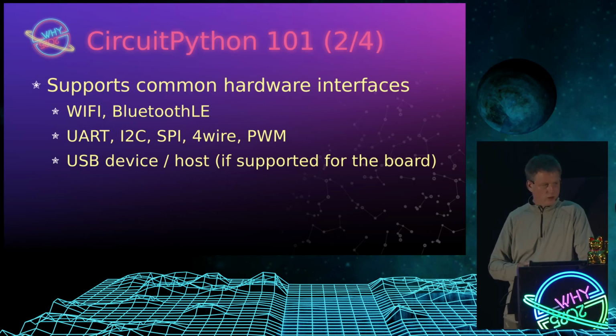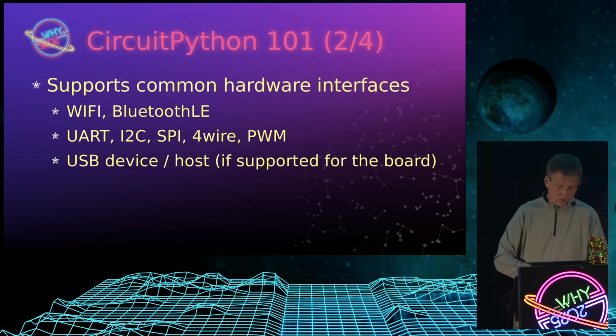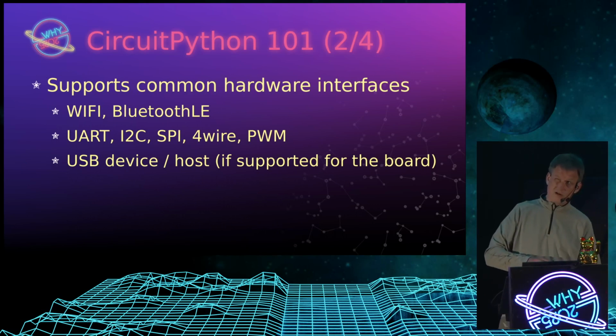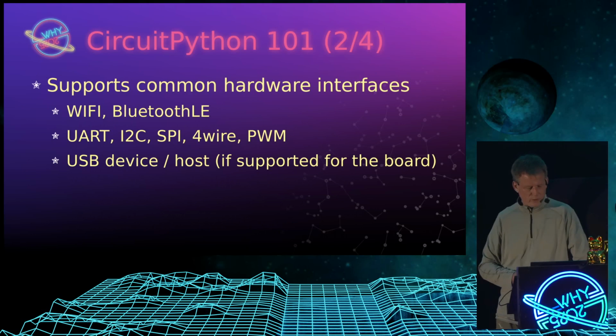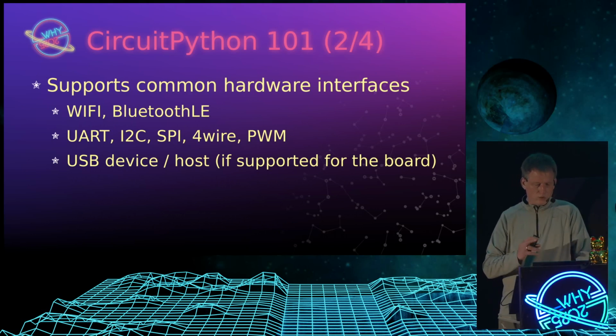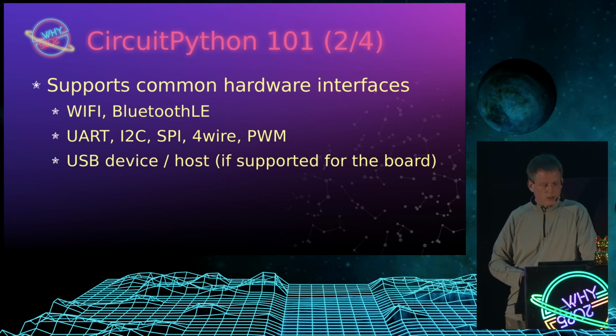So the UART is essentially a serial port. You have I2C, which is a serial bus. Then you have 4-wire, which is another serial bus. SPI is a serial bus, if I remember right. You can do PWM, which is pulse width modulation, so you can generate analog signals.